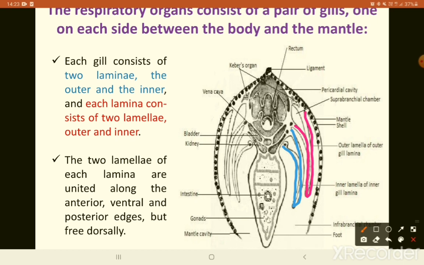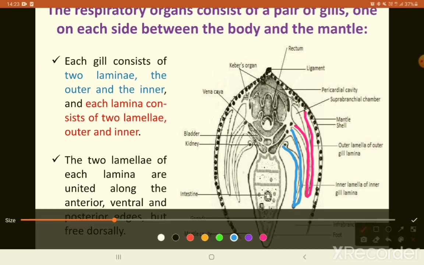Now this outer gill lamina is made up of two folds, which we call lamellae. This is one fold, called the outer lamella of the outer gill lamina, whereas this inner fold is called the inner lamella of the outer gill lamina, and these two are part of the outer gill lamina. I hope you got it.